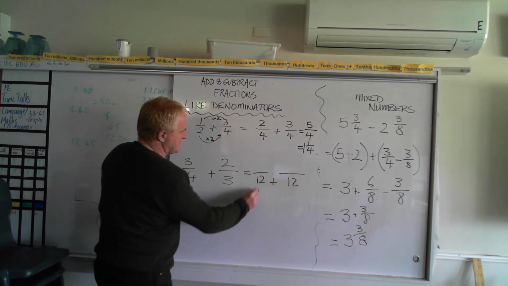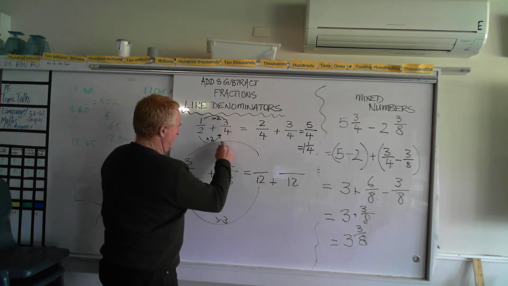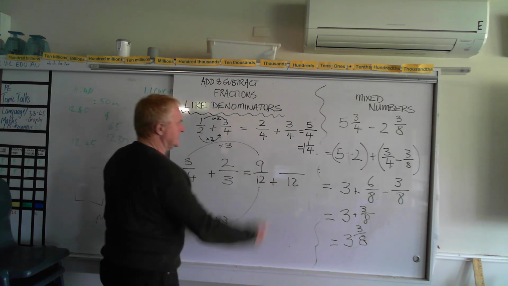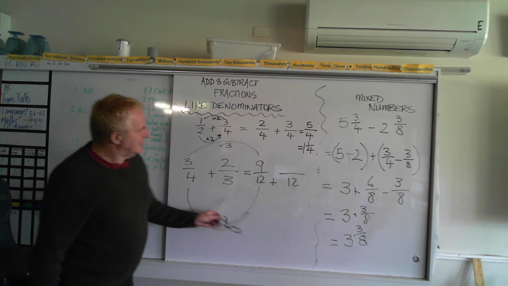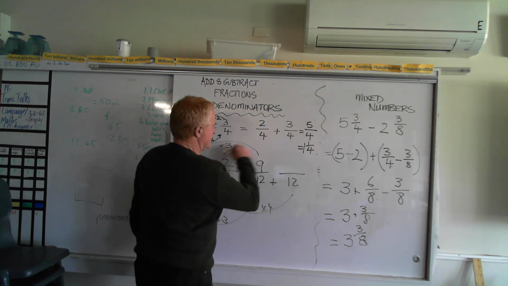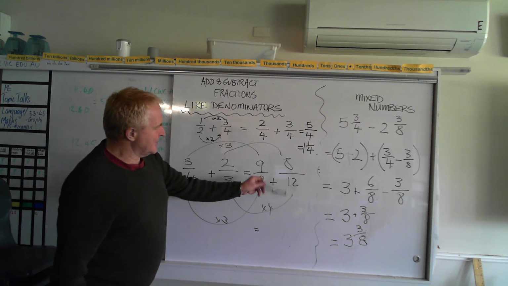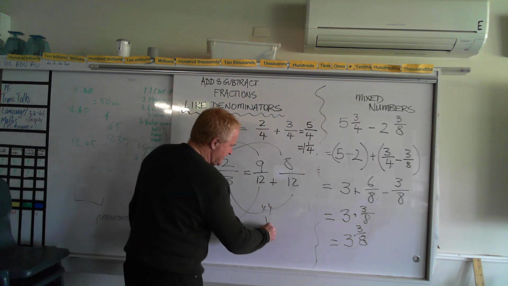This one we times by 3, 9/12. We times that one by 4, 8/12. Answer being 9/12 plus 8/12 would be 17/12.